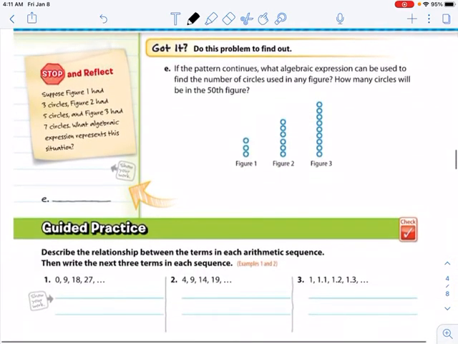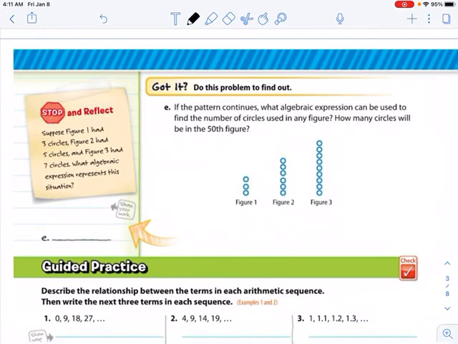Okay, turn the page. So now we are on page 360, and let's look at E. E is asking us, if the pattern continues, what algebraic expression could be used to find the number of circles in any figure? How many circles will be in the 50th figure?